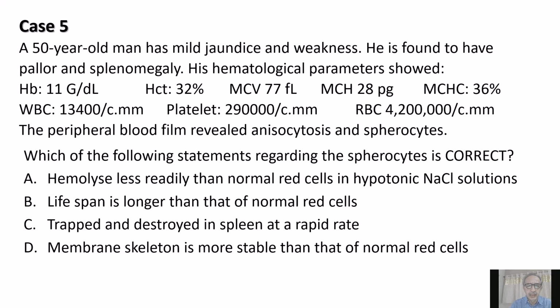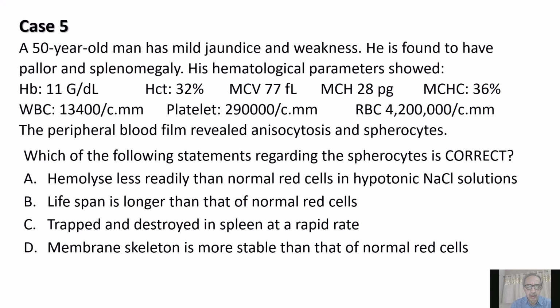Therefore they have a greater tendency to get hemolyzed in hypotonic solution. So A is not the answer. Their osmotic fragility is increased. They are more readily destroyed or hemolyzed in hypotonic solution. A is not the answer.